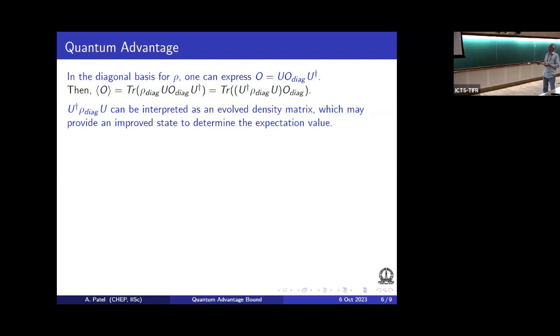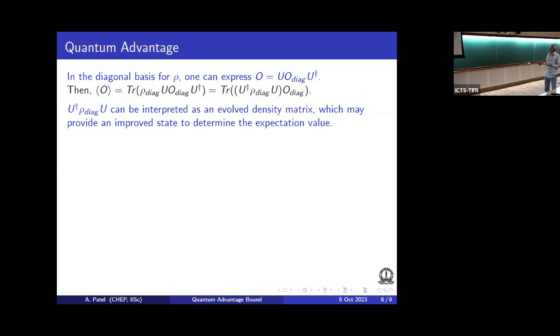You can choose a language that I can say that the U describes the basis which will have operator diagonal and the rho will be non-diagonal, or vice versa, that I will transform the density matrix by a certain operator and go to the basis in which O is diagonal. So you can deal with it either way.